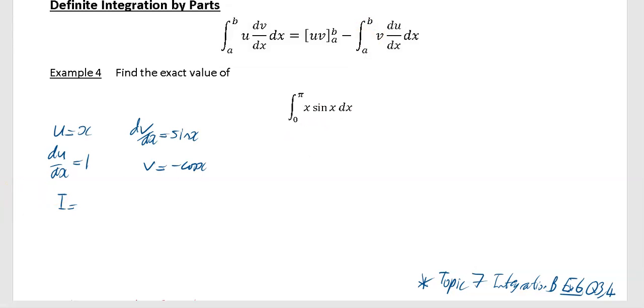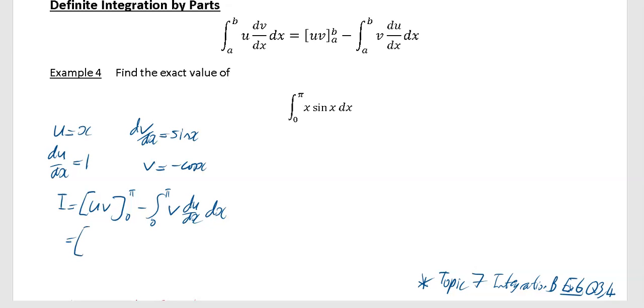We use square brackets, this is our integral uv, and that's between pi and 0 in this case, minus the integral between 0 and pi, I should say, and that's going to be my v du by dx integrated with respect to x. So just fill this in.